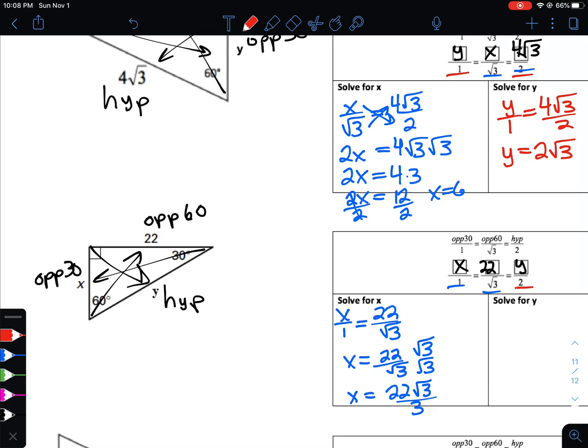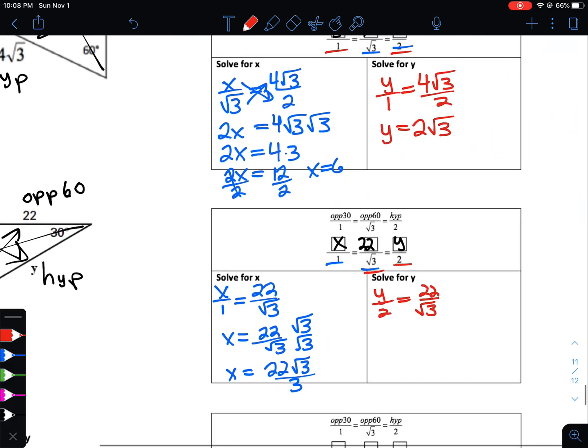Now let's go ahead and solve for y. So we'll take y over 2 and set that equal to 22 over the square root of 3. So let's go ahead and cross multiply here. We're going to end up with y multiplied by the square root of 3 is equal to 2 multiplied by 22, which is 44.